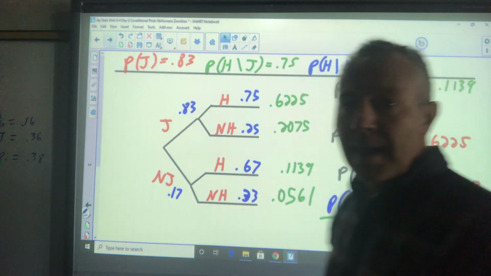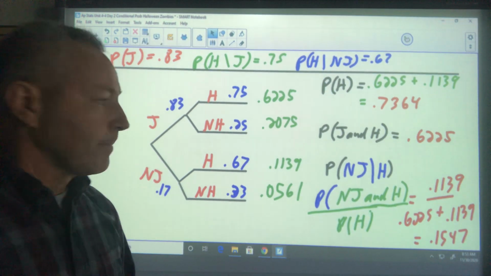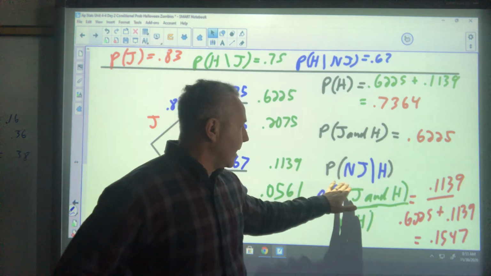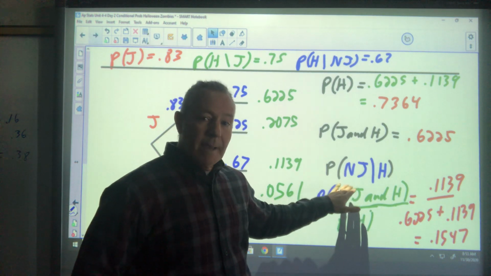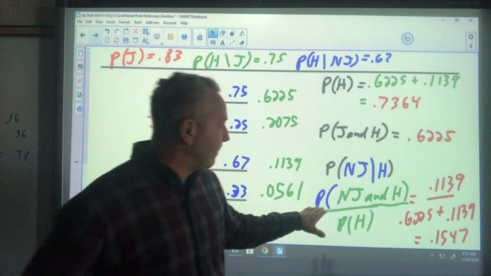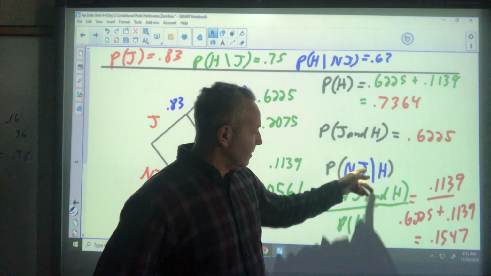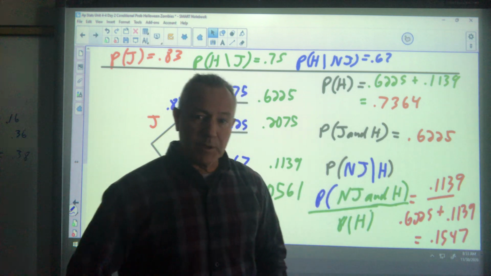My final question here is the probability that they have no job given they're happy. We need to know that this formula right off the bat means no job and happy, divided by happy, out of the happy group.